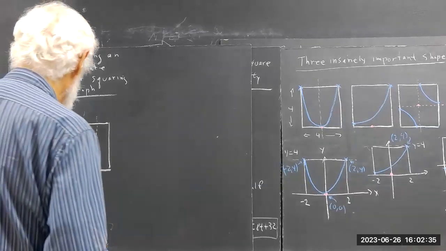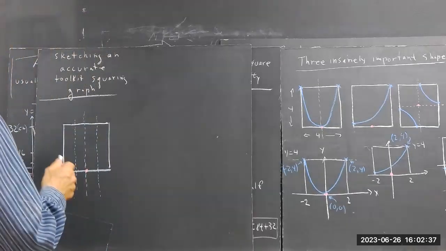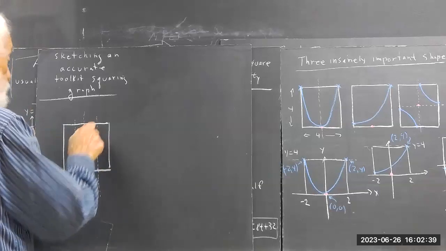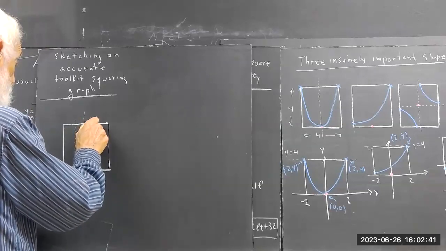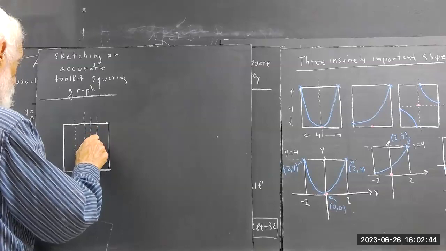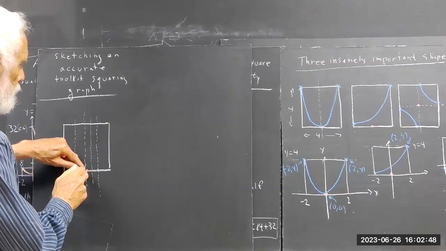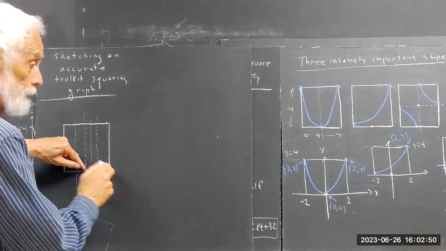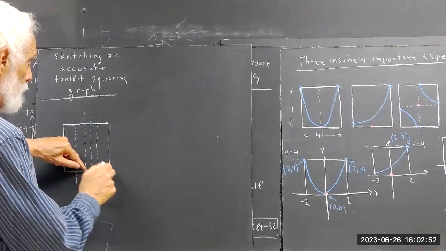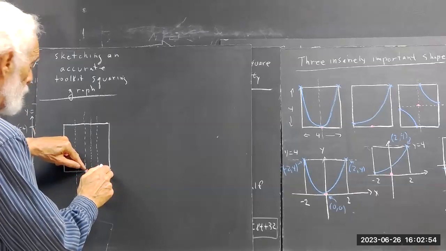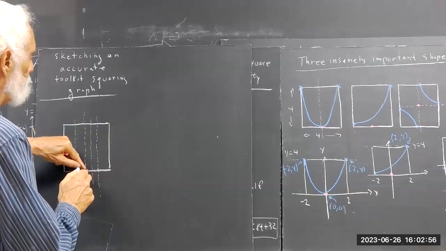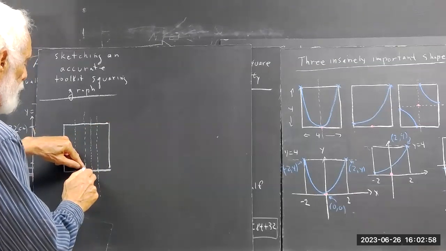Do a better job than I did. Then we want to cut this interval in half. So we've cut the interval from the red dot to this edge of the parabola in half, and cut that in half.